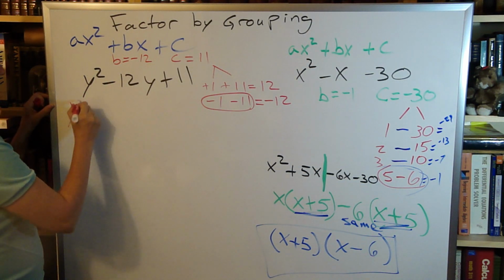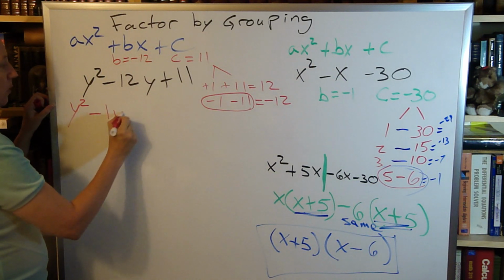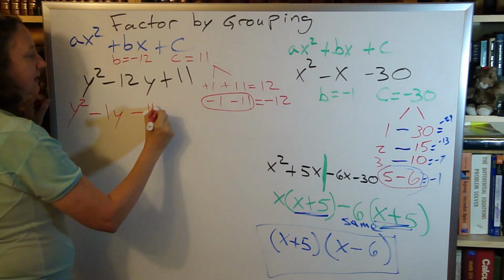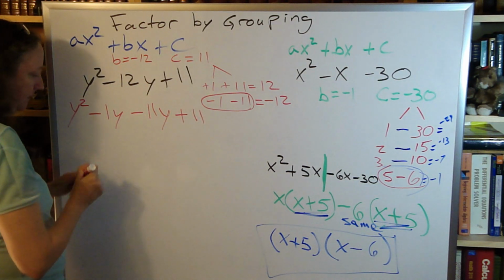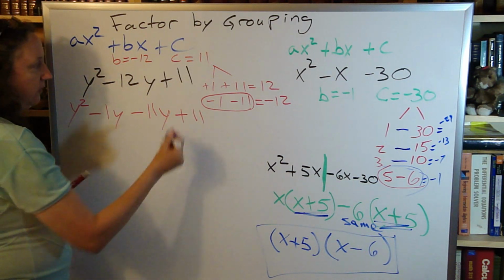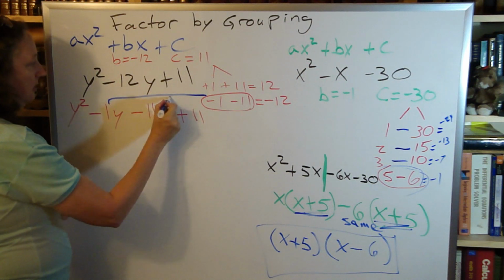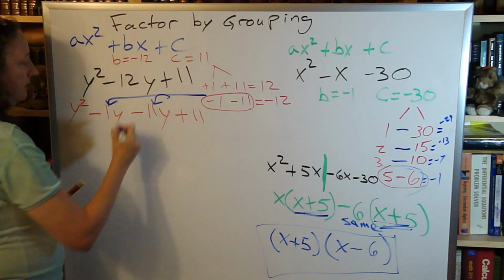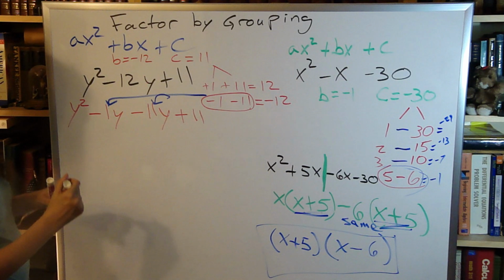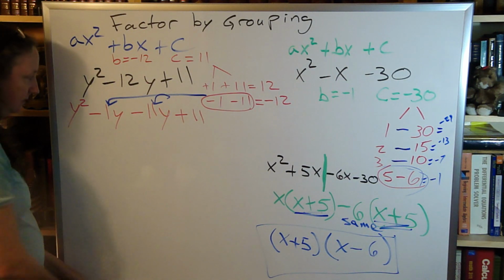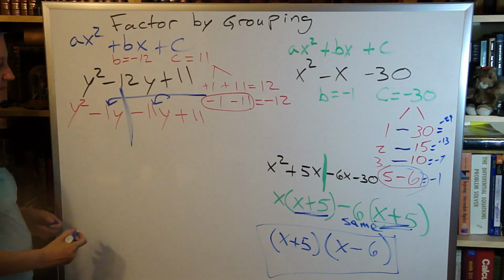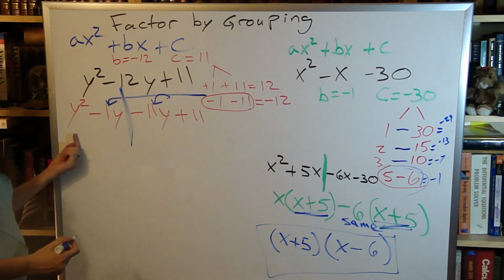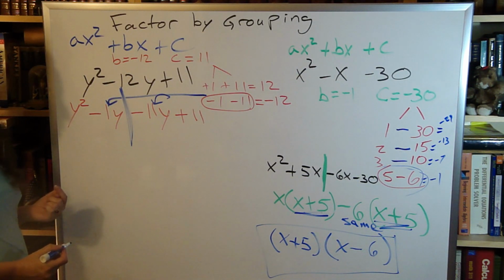So I have y squared minus 1y minus 11y plus 11. So these two numbers are there. Now I split it in two. What can I factor out of y squared minus 1y?